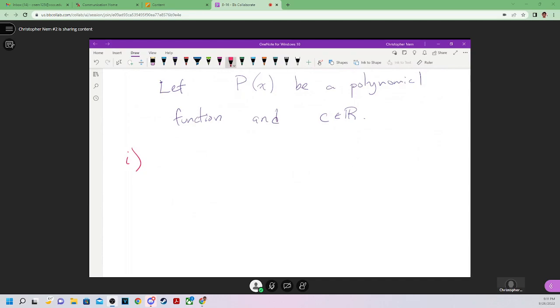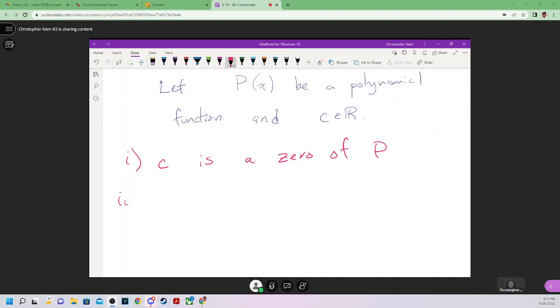The first one is, we can say that C is a 0 of P. So, if one of these is true, all of them are true. So C is a 0 of your polynomial.